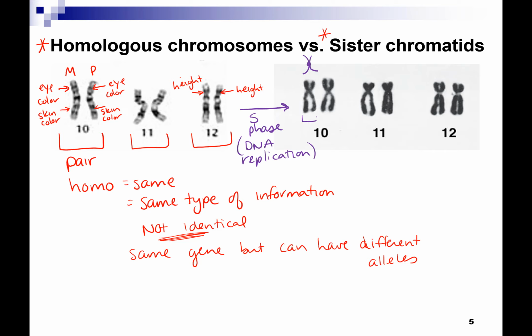So we now say that these two are sister chromatids. And they are identical because they're due to DNA replication.